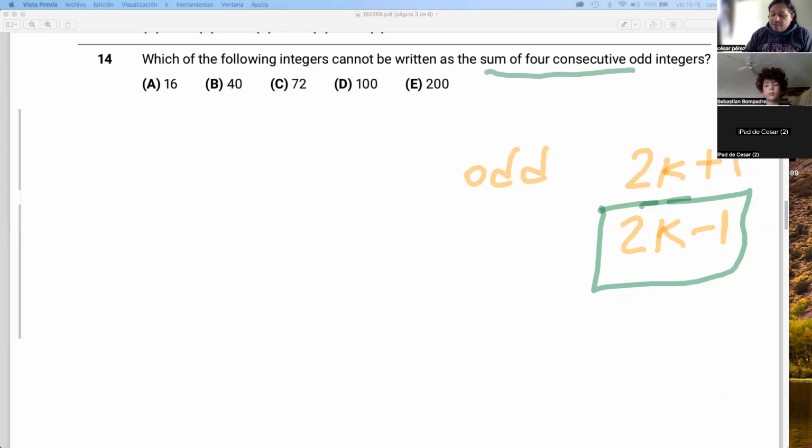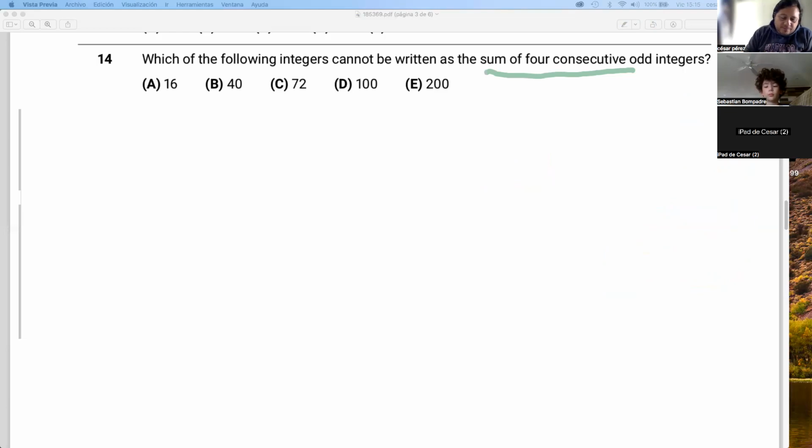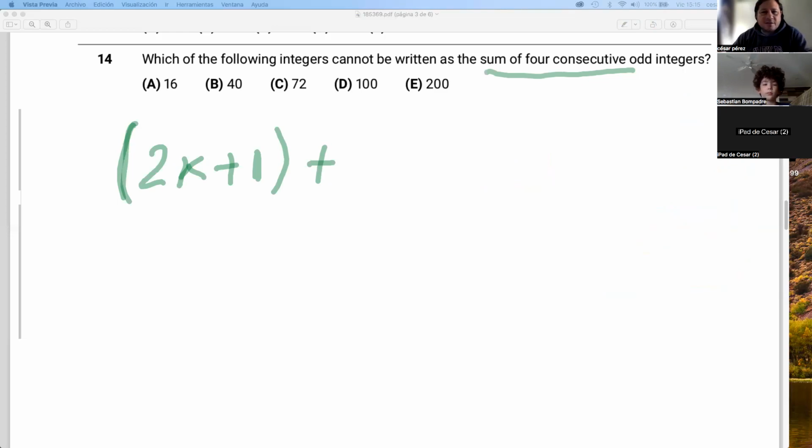So the first one will be 2k plus 1 or minus 1, okay? Well, we are going to start with 2k plus 1. The second number, how can we write the second number?